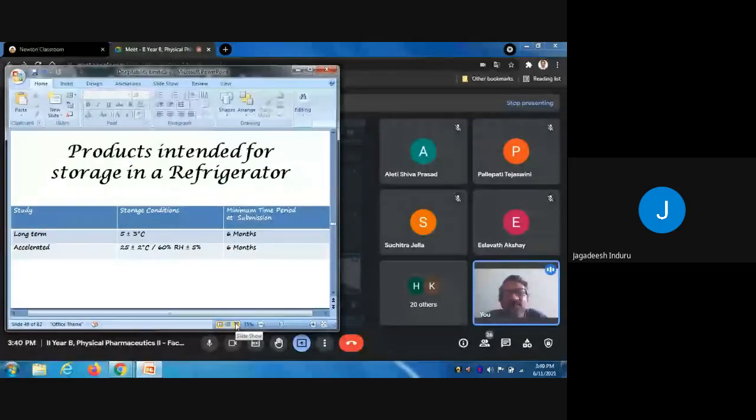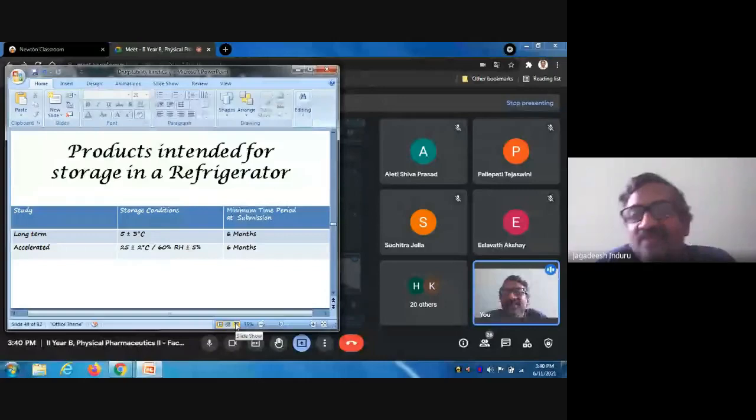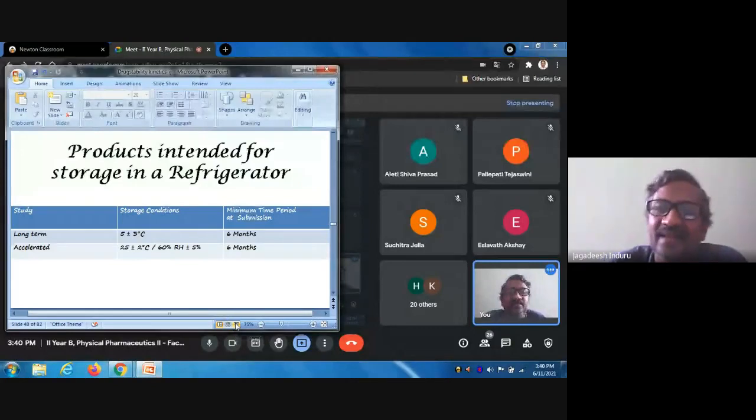Most of the time, refrigerated products have different conditions for testing long term and accelerated. For the COVID vaccines like Covishield and Covaxin at 2 to 8, we know from our initial pre-formulation studies that they are required to be kept in the refrigerator. There is no other option. For that purpose, we need long term and accelerated conditions that are not like the regular ones you have seen.